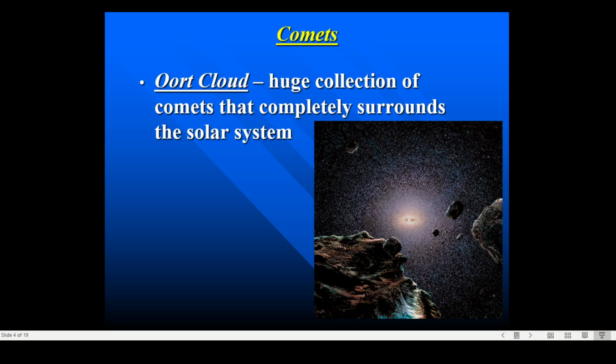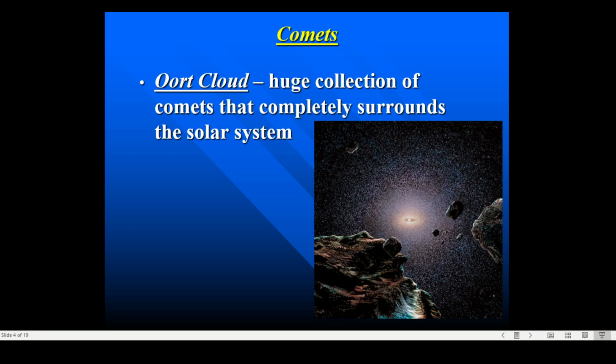Comets primarily in our solar system start off in the Oort cloud. We didn't talk much about the Oort cloud, but right now it's thought to exist. We have a lot of evidence that suggests it might exist, but we think it's basically a cloud of icy material, rocky material, dusty material, and it was named after a Dutch astronomer named Jan Oort.